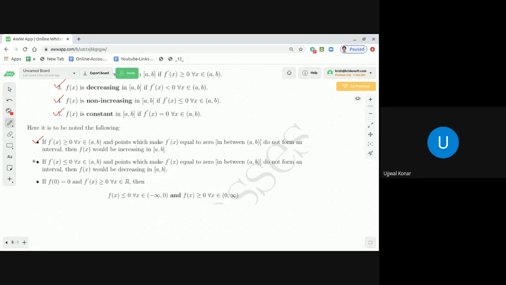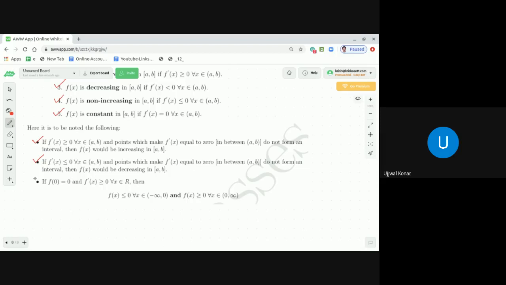In a similar manner, dear students, if f'(x) is less than or equal to 0 for all x belonging to the open interval (a, b), and the points which make f'(x) equal to 0 in the open interval (a, b) do not form an interval, then f(x) would be decreasing in the closed interval [a, b].